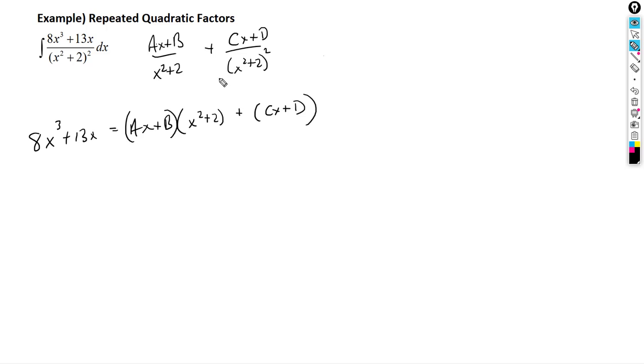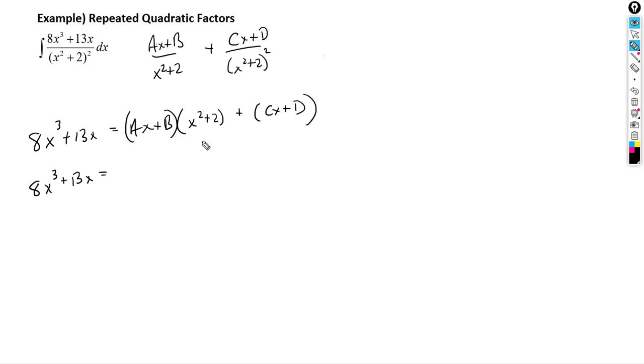Now how do I do this? I'm going to multiply all this out. I can't let x choose a number because x squared plus 2 will never be negative, and that will never give me a 0, so that doesn't really help.